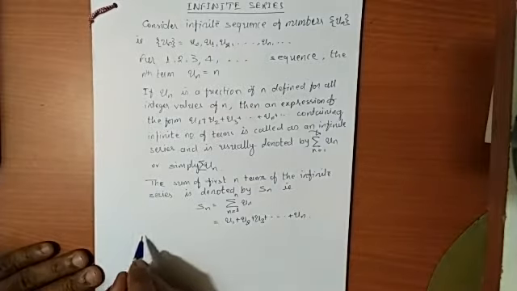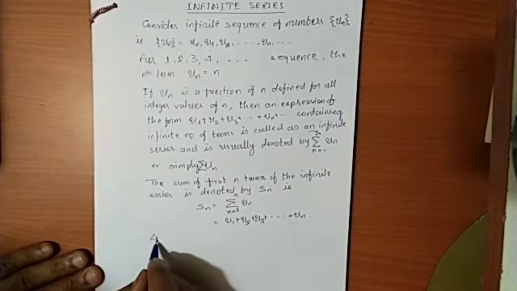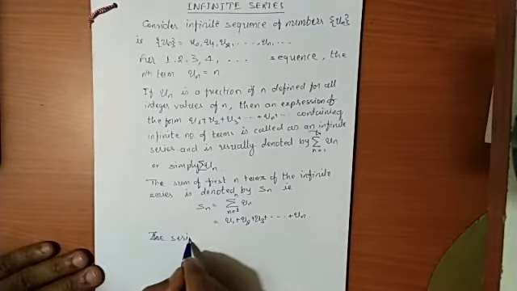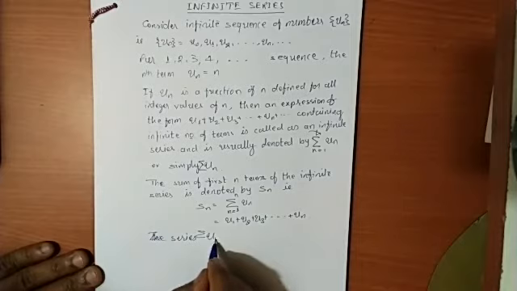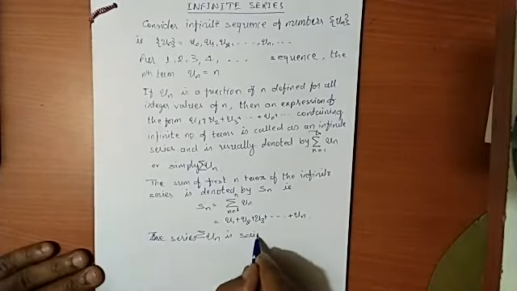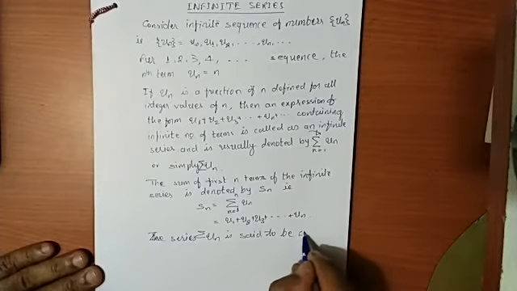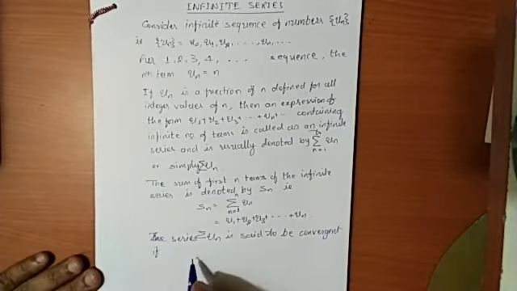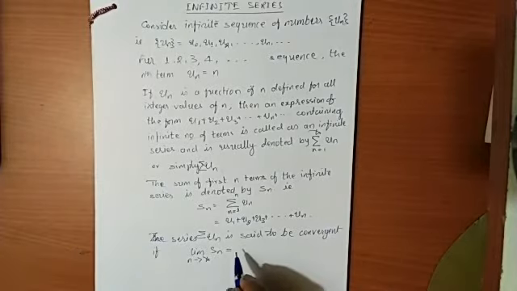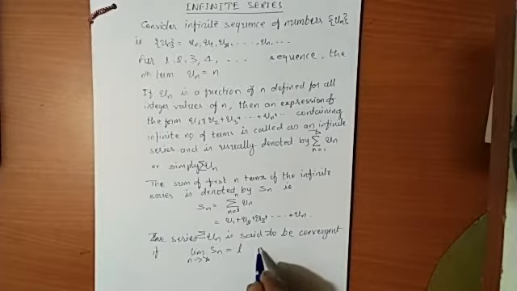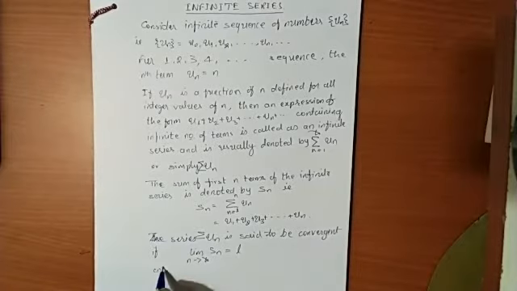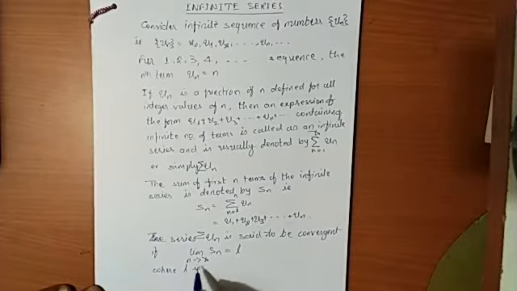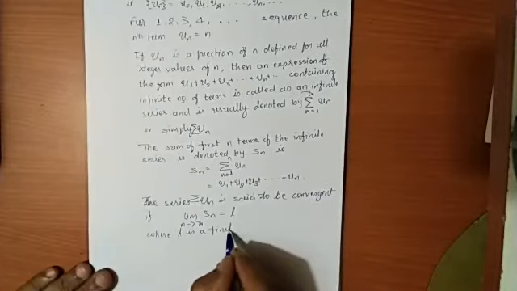The series sigma un is said to be convergent if the limit of Sn as n tends to infinity is equal to L, where L is a finite number.